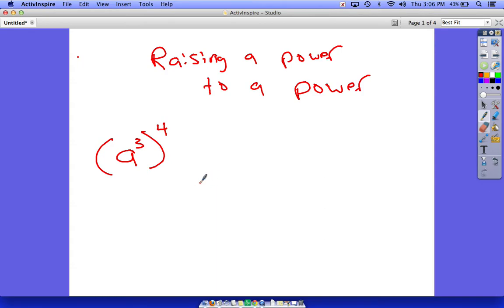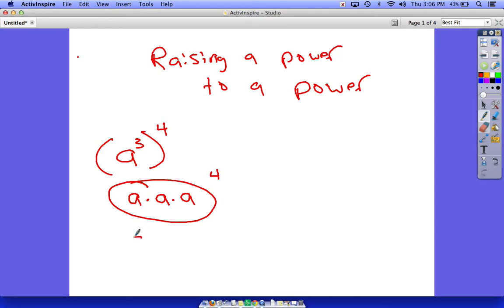So the problem right here, what I have is a to the third power and all that to the fourth power. So let's start with a to the third power. A to the third power is just simply written as a times a times a. Now we need to take that to the fourth power, meaning we basically need 4 of all this.